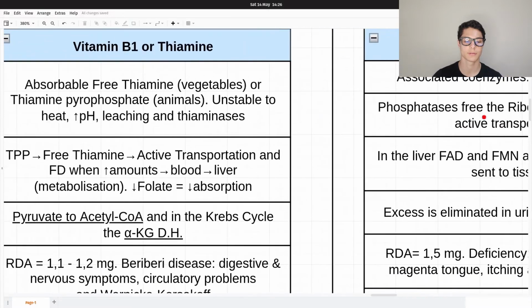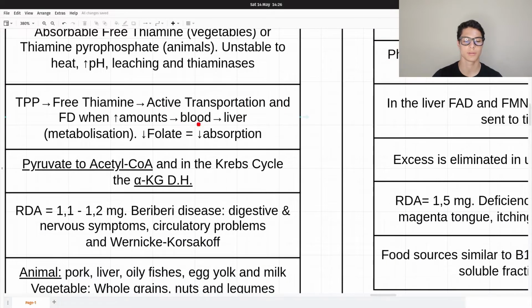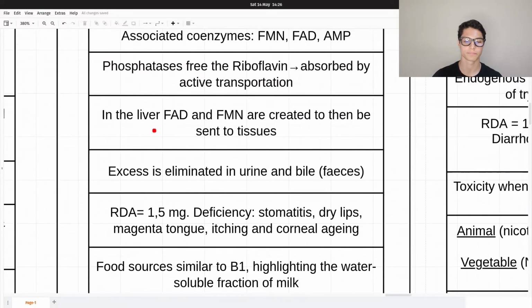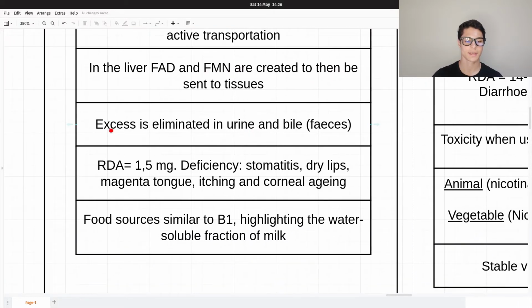The exact same thing that happens here. Active transportation gets in the blood and the blood goes to the liver. In the liver, FAD and flavin mononucleotide are created to then be sent to the tissues. Excess of vitamin B2, riboflavin, is eliminated in urine and bile through the feces.